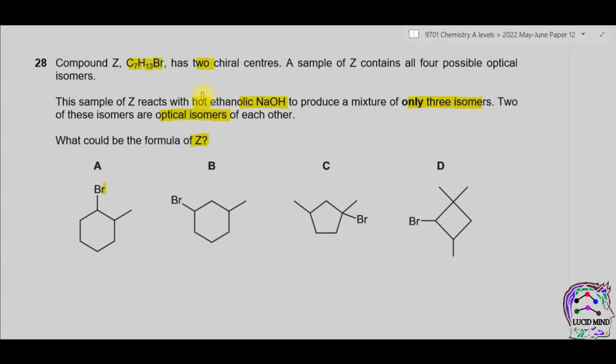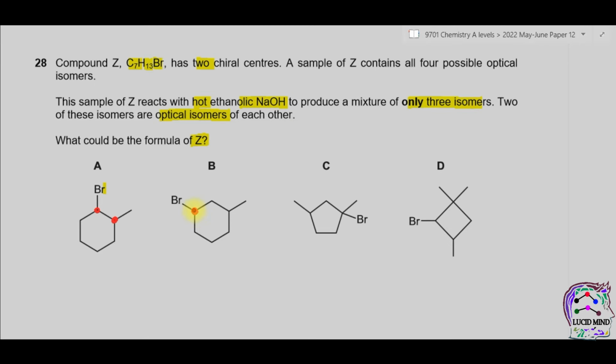Now chiral center means the carbon that is attached to 4 different groups. So this carbon is chiral as it is attached to 1 hydrogen atom, and these 2 sides, they are different. This bromine is different, so this part is chiral. Looking at this carbon atom, it is also attached to a hydrogen atom, a CH3 group. This part and this part there that are different, so we have 2 chiral centers.